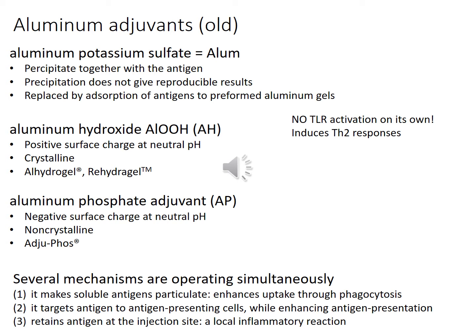Anyway, the third point here is that the alum retains the antigen at the injection site, which helps to cause and maintain a local inflammatory reaction.